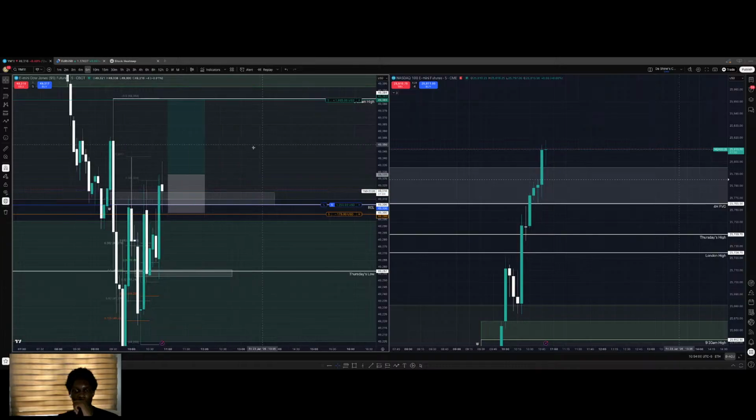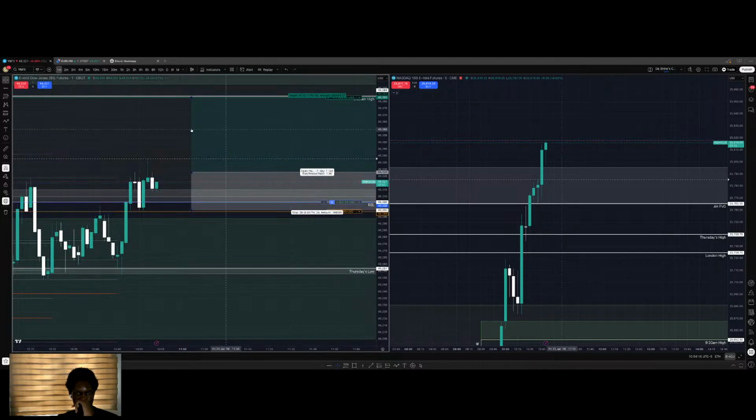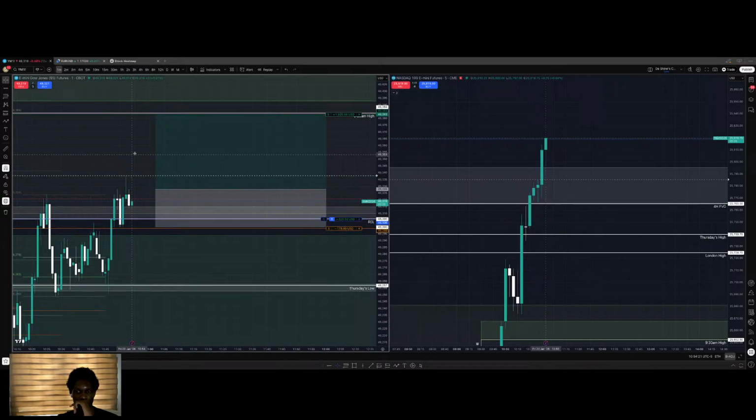We've got a minute, right? So there's a likelihood of price coming down to target order block and then going higher. Or we could just have the next candle open and close above here. So let's see. I want to see a strong candle close above this high.